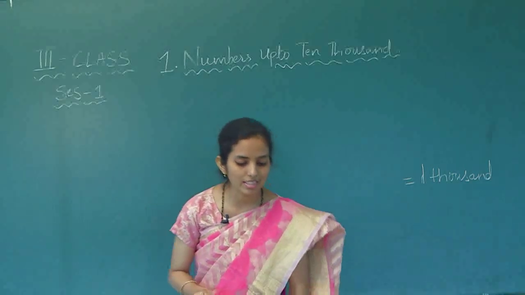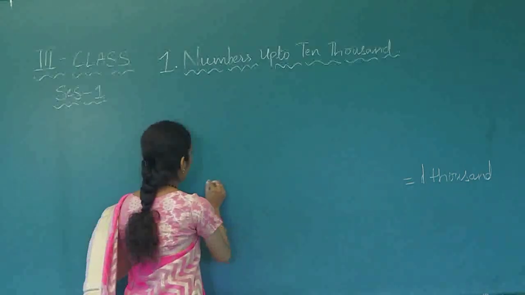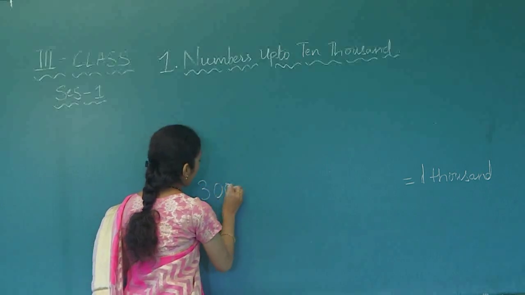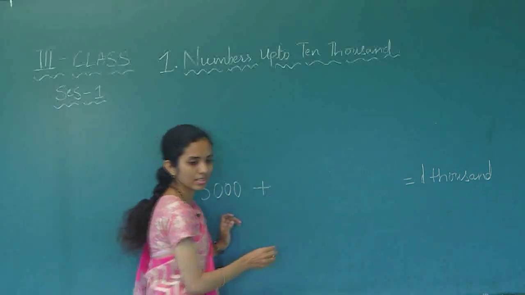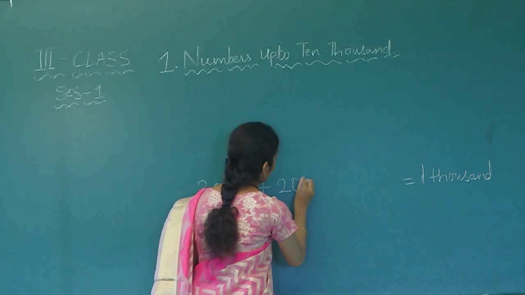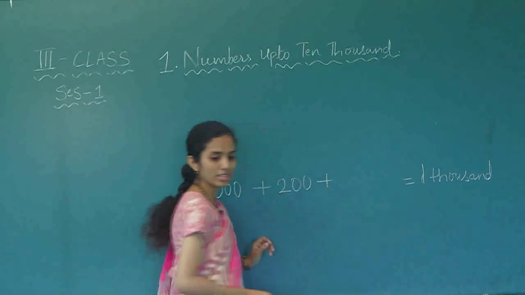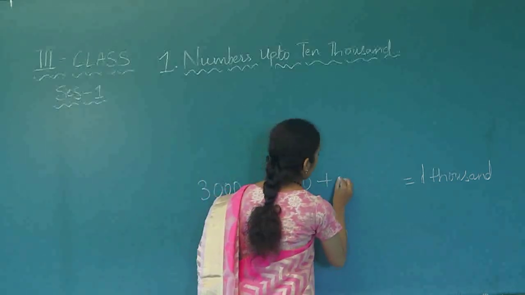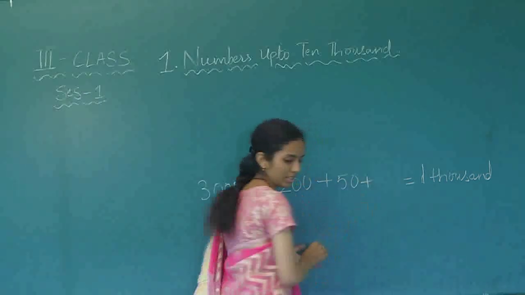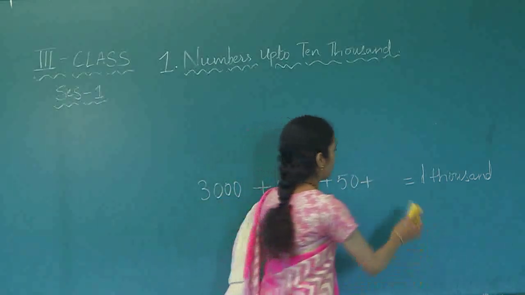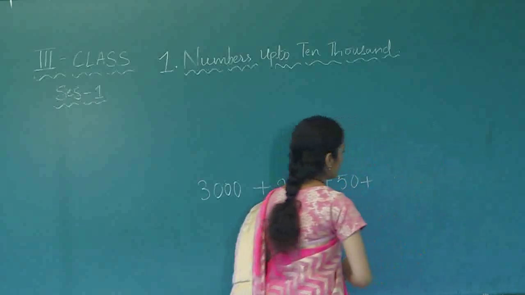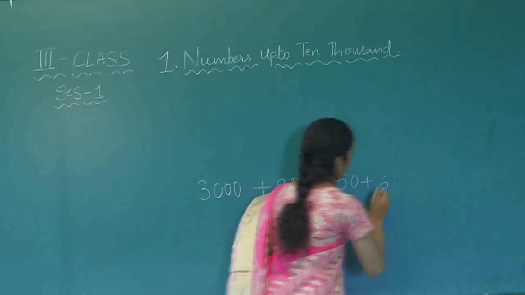So here he has given us 3,000 plus 2 squares, that means 200, plus 5 columns, that is 50, plus 6 boxes, that means 6.